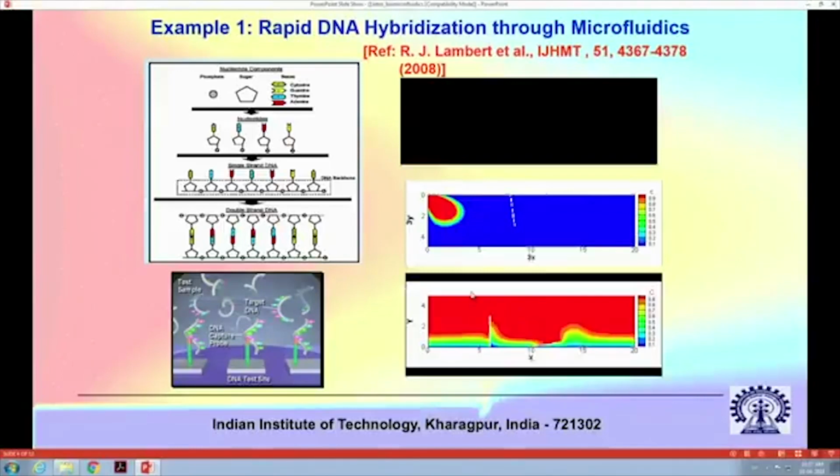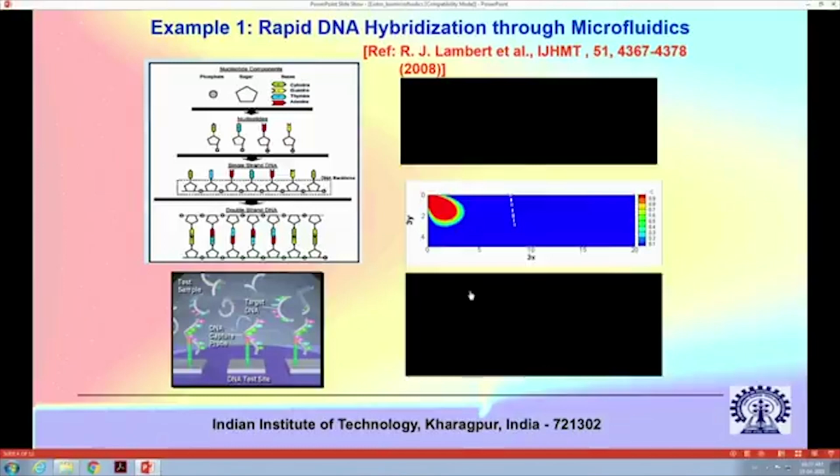In this example you have two flaps, moving with certain amplitude, frequency and phase difference. What should be the best amplitude, frequency and phase difference so that there is optimal distribution of DNA? That is a very interesting design problem.